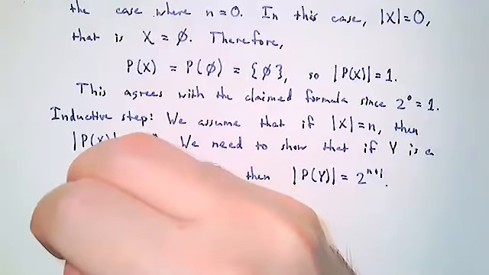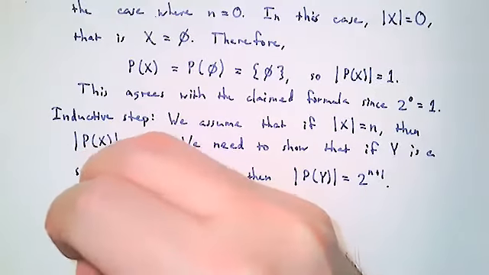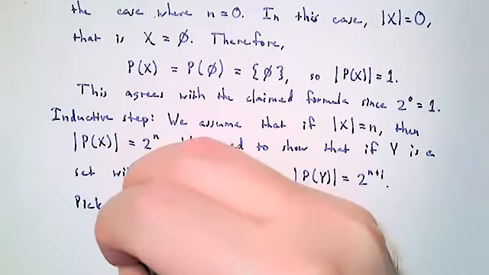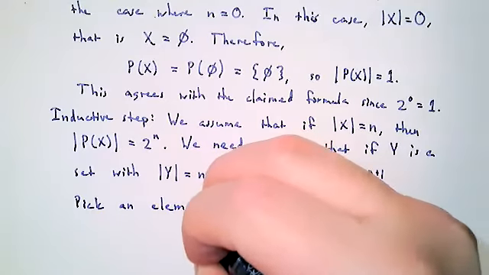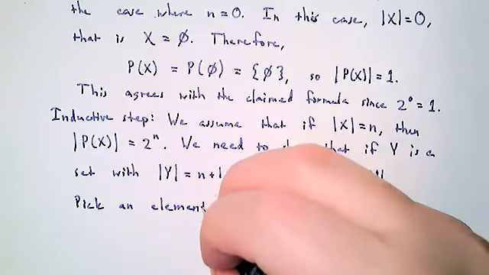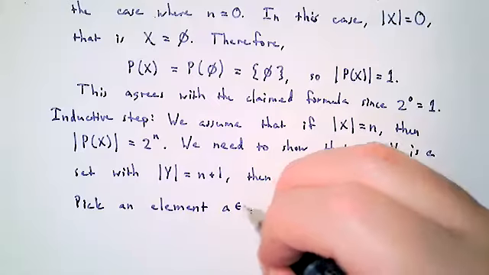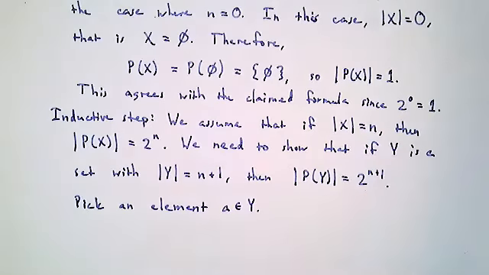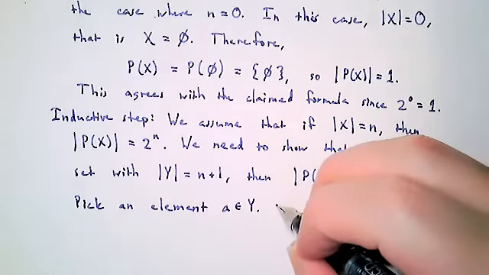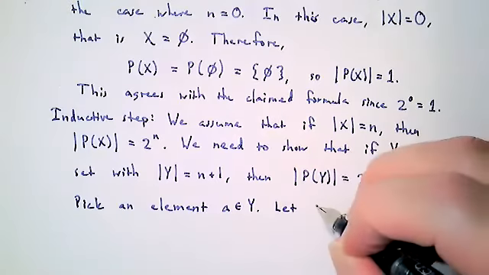So let's pick an element. I'm going to call it A. And then I'm going to take that out of my set to get a new one.